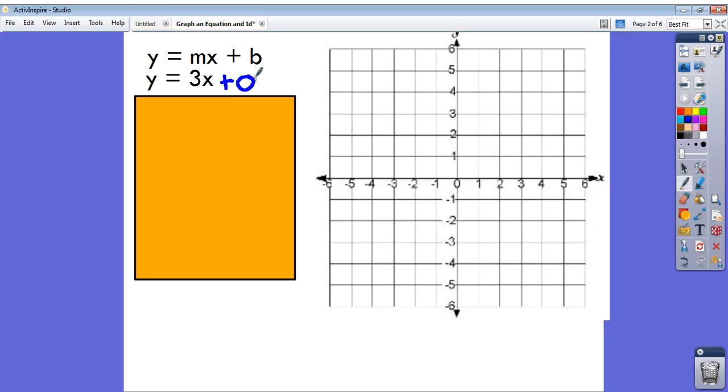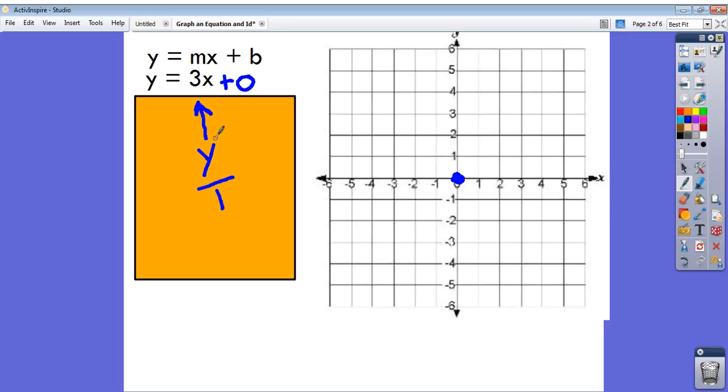0 is my starting point, so I'm going to go over on my graph and find that coordinate, 0, 0, and plot my point. Now that I have my y-intercept, I can deal with my slope. Slope is always a measure of how much y increases or decreases as x increases by 1.